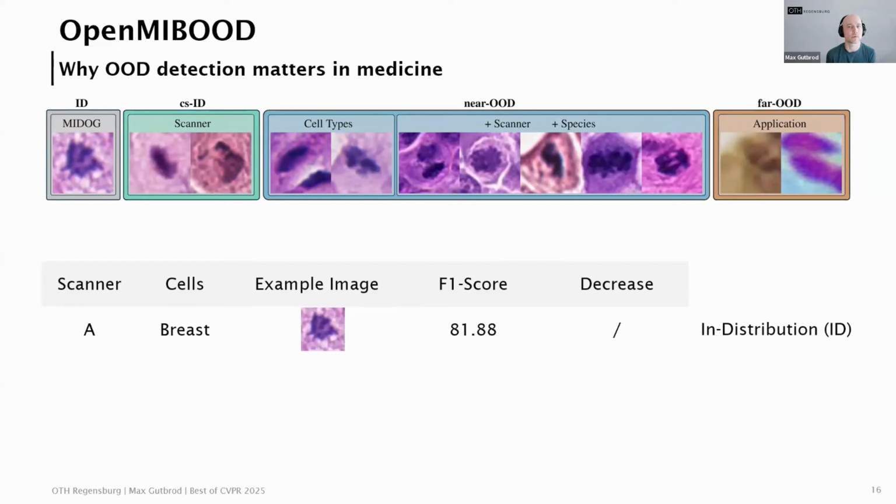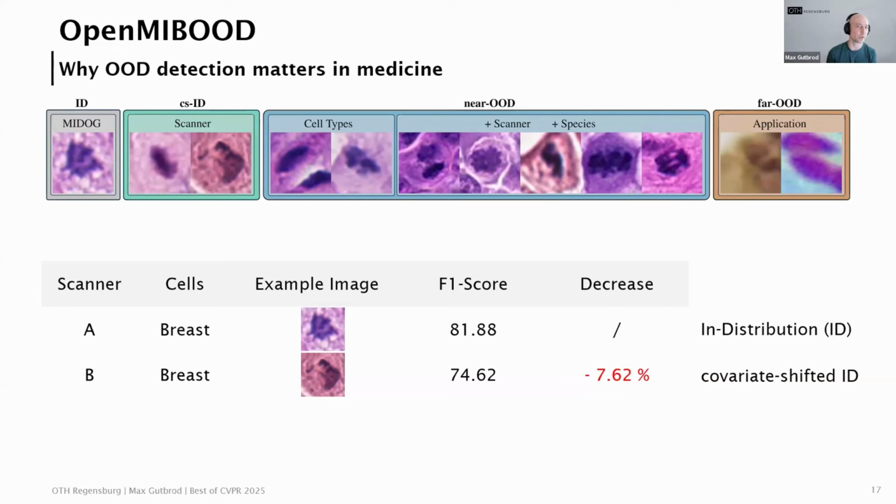So to give an example of how OOD data can affect the performance of a medical AI in clinical practice, we evaluated our classification model for the mitotic cells benchmark, our first benchmark. First, on our in-distribution data, we reached human level performance of roughly 82%. But as soon as we evaluate the performance on the CSID data, where the only difference is a different scanner from another manufacturer, the F1 score decreases already by almost 8%.